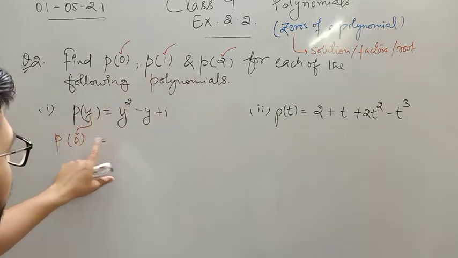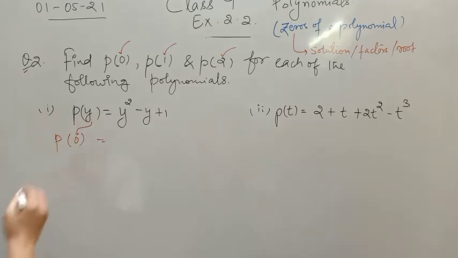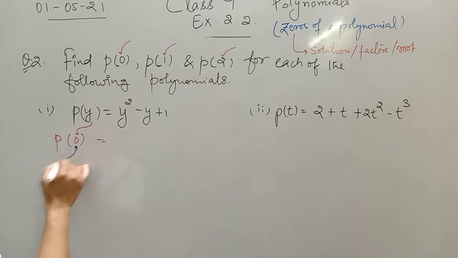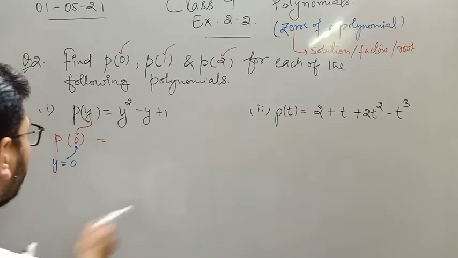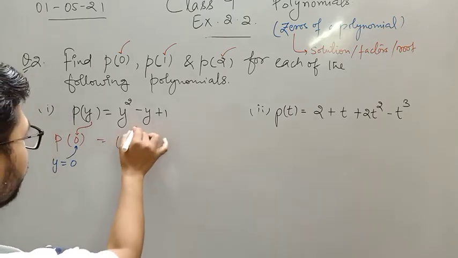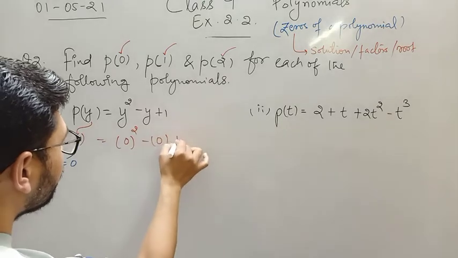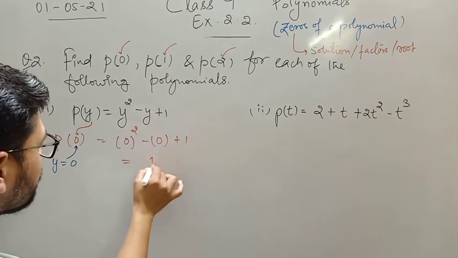In this example, p0 means y equals 0. For y equals 0, what value will I get? y square is 0, minus 0 plus 1. So the answer is 1.